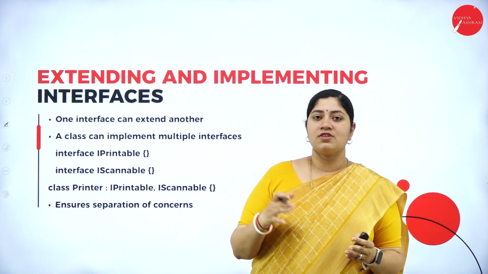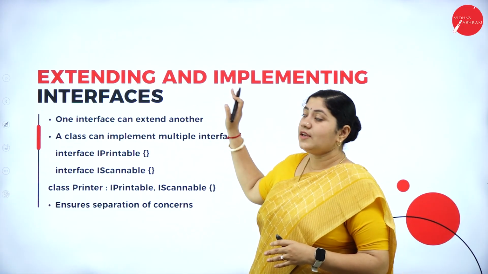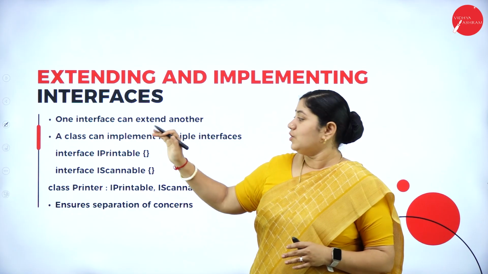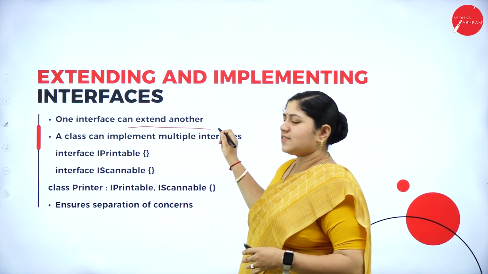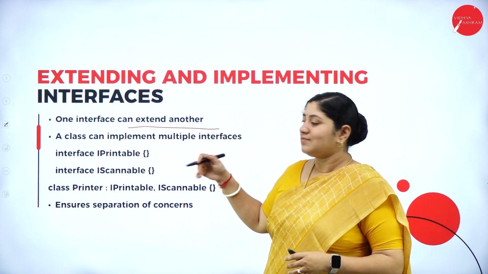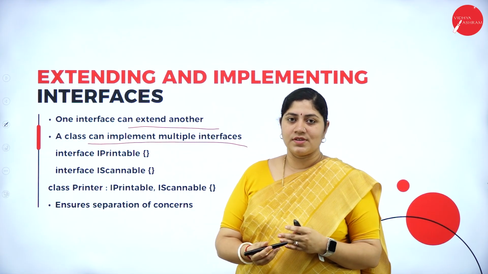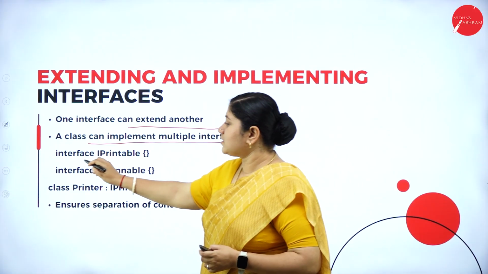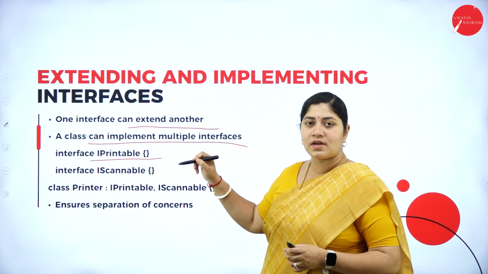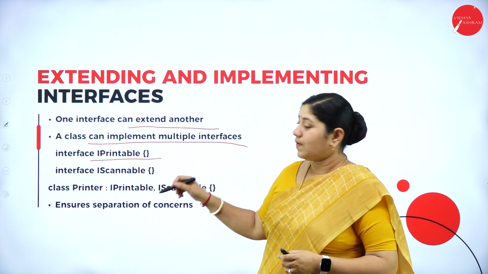Now, as we understood what an interface is, let's understand how we can extend the interface as well as how we can implement it. One interface can extend another, and a class can implement multiple interfaces. So let's see how it is done. We are defining an interface IPrintable.